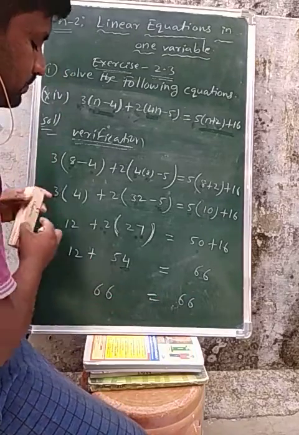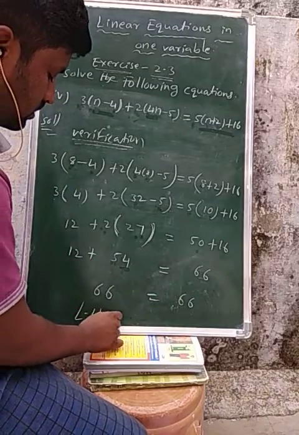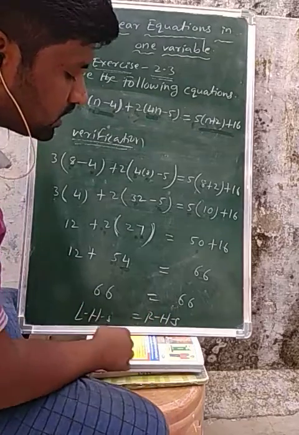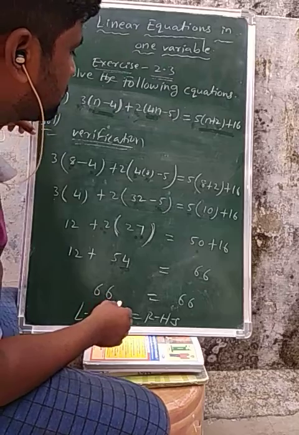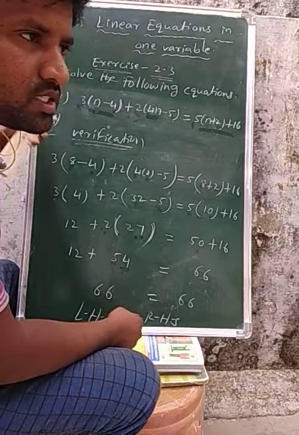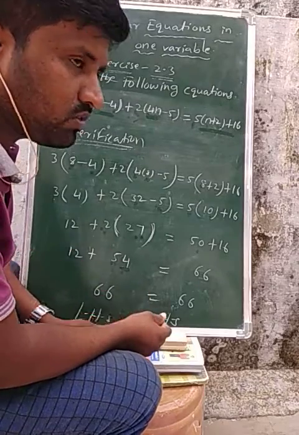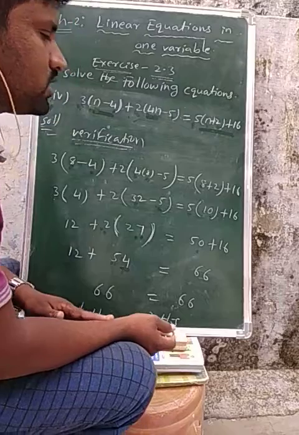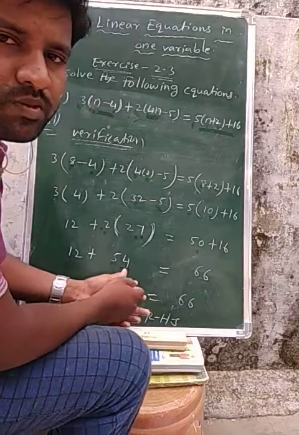So clearly LHS is equal to RHS. This is the required verification for this question. So practice the remaining questions like this only. If you want a verification, substitute the value you get in the equation. Okay, students. Thank you.